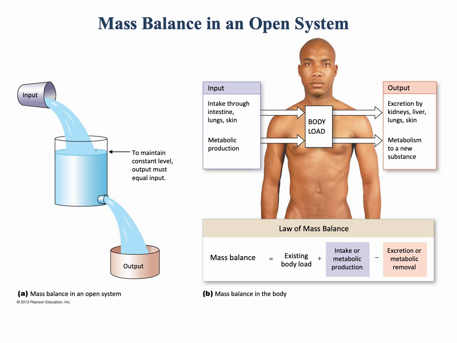Now, for example, massive losses of water through, for example, sweating or diarrhea, must be balanced by increasing the water intake. And if there's a failure to do that, homeostasis is not going to be maintained.